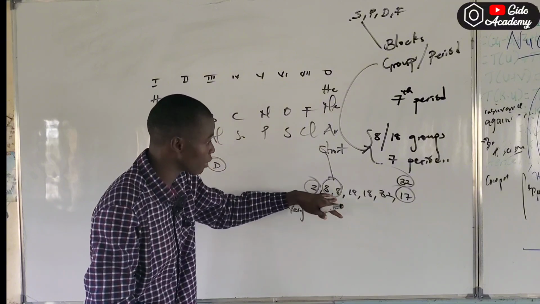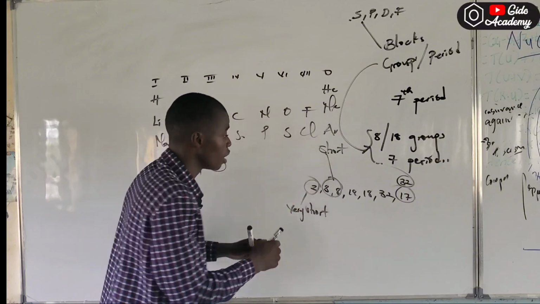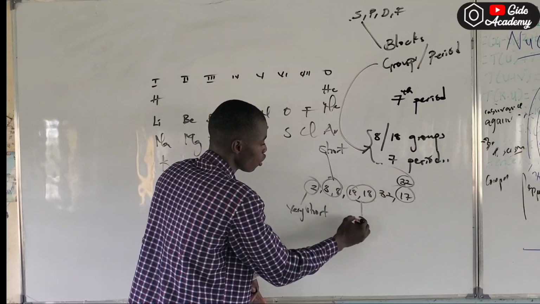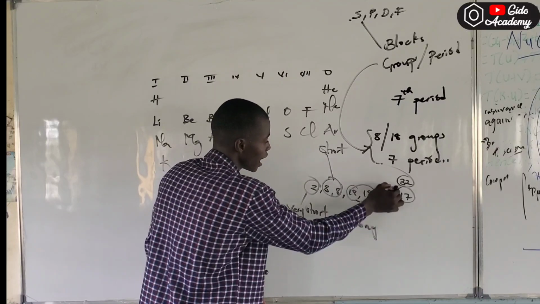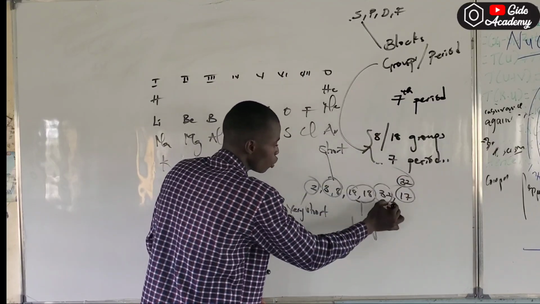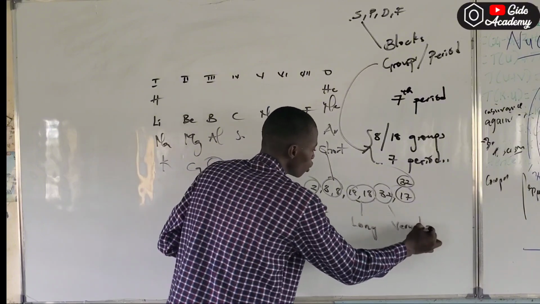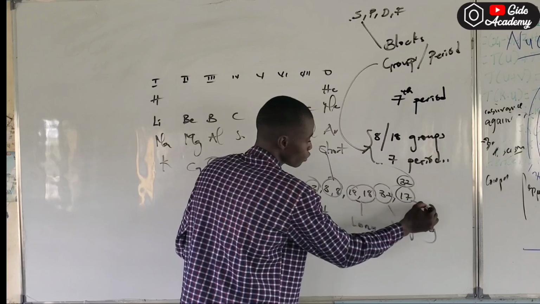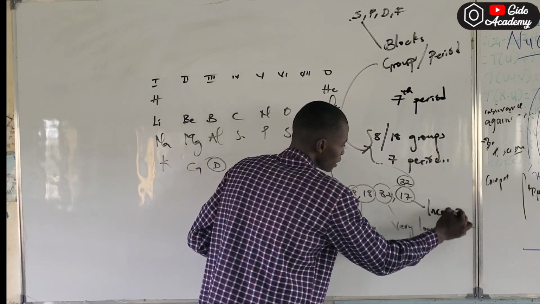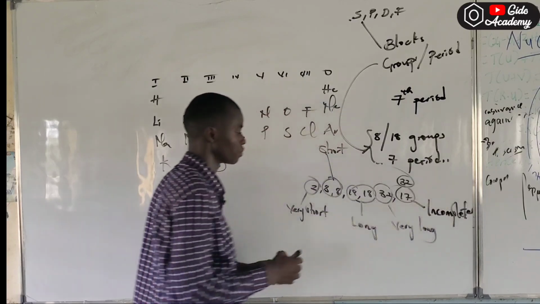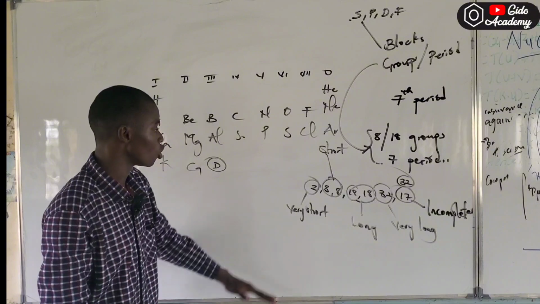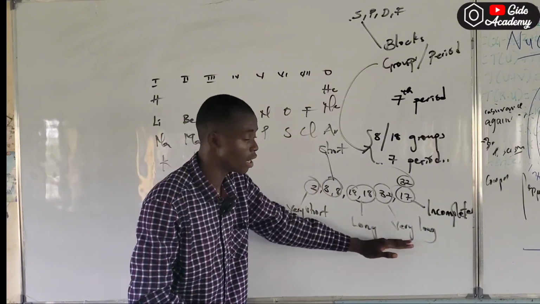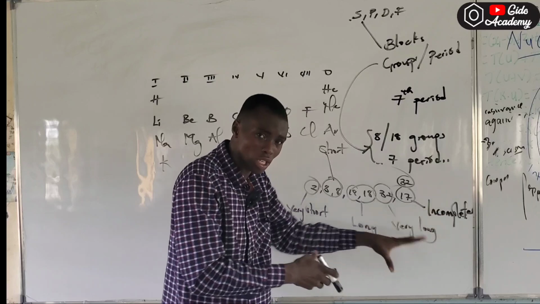Period 2 and period 3 are short periods. Periods 4 and 5, we call them the long periods. Period 6 we call the very long period. For period 7, if it is 17, we call it the incomplete period. So now you know the very short period, the short period, the long period, the very long period, and the incomplete period in the periodic table.